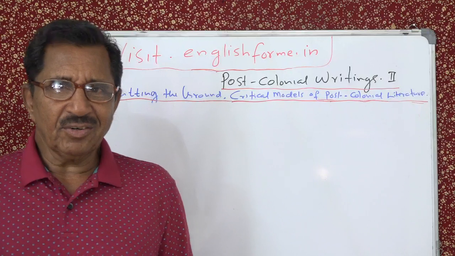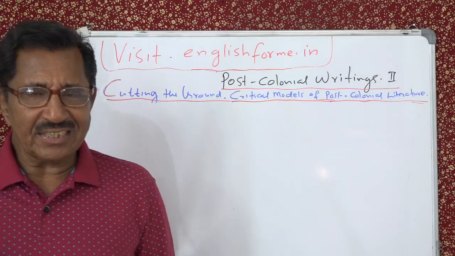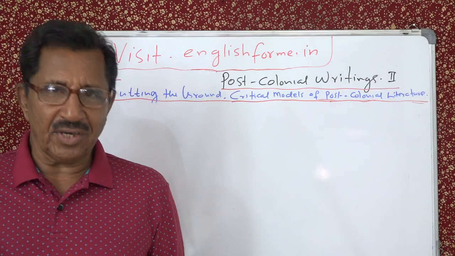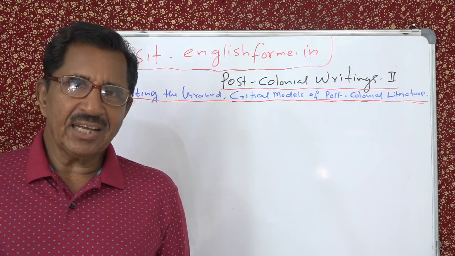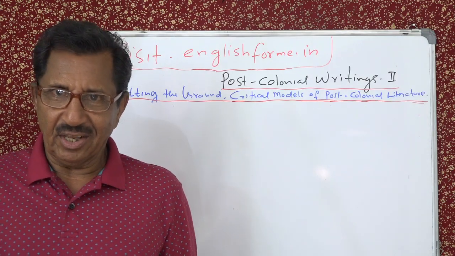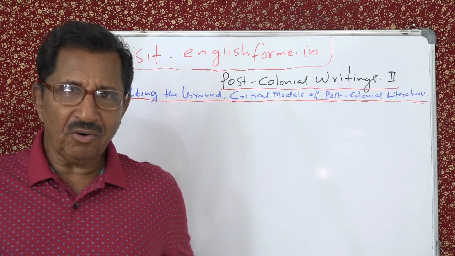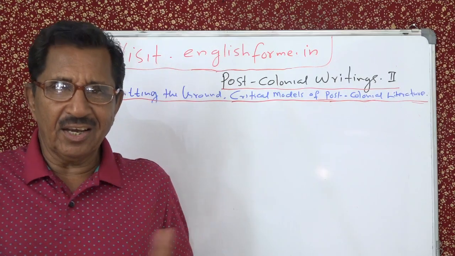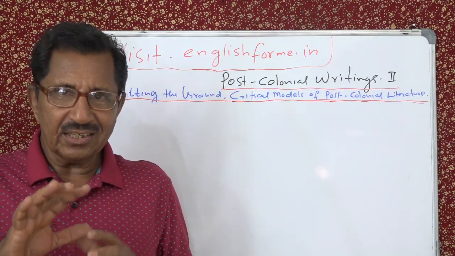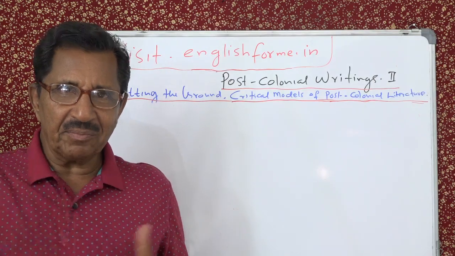Okay, so today in our second lecture we will think about the models. How can we enter into this vast and varied literature that we call an amorphous group? The English writings outside Britain.